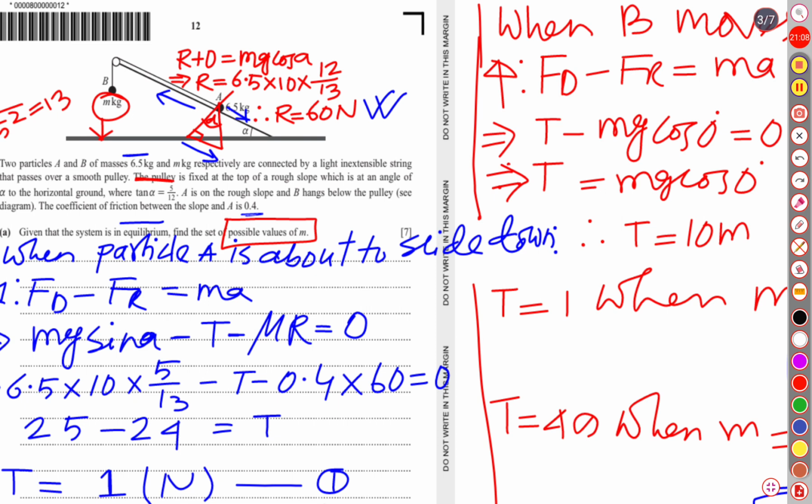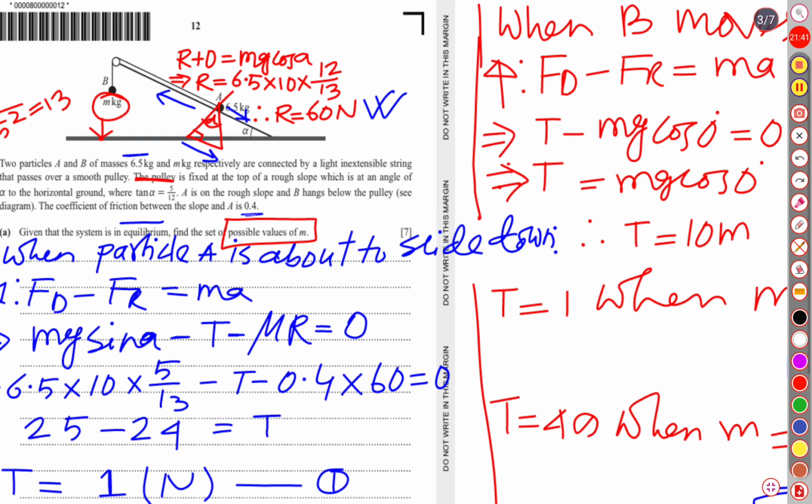Look at this. Once again I'm repeating, if the mass of B is less than 0.1, then B would move up.